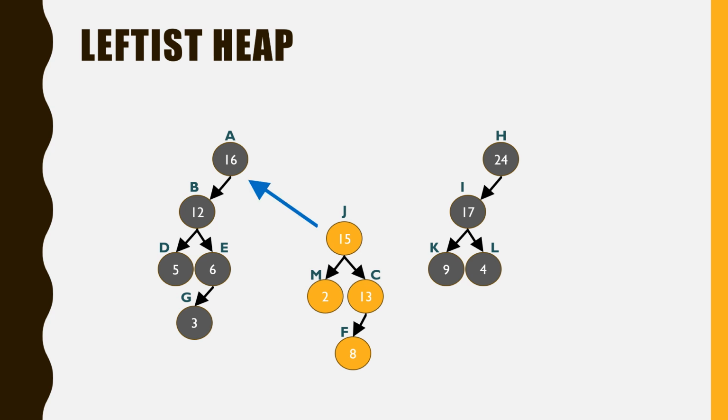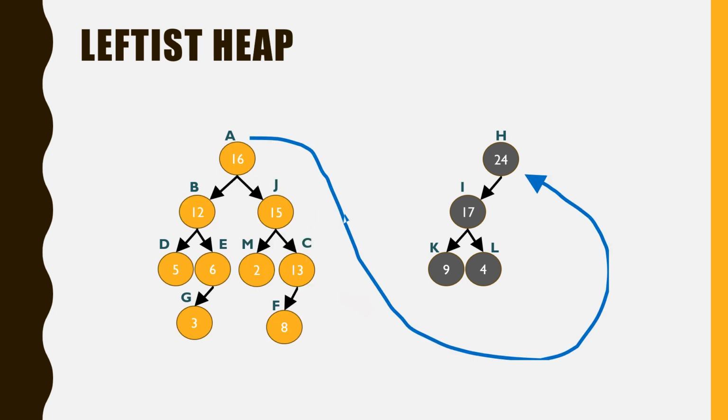Since now we have handled the base case of the recursion, we return to the previous recursion level. To complete this upper level recursion, we attach the merged heap as the right subtree of the first heap. After attaching the merged heap, we obtain the yellow heap shown on the left.